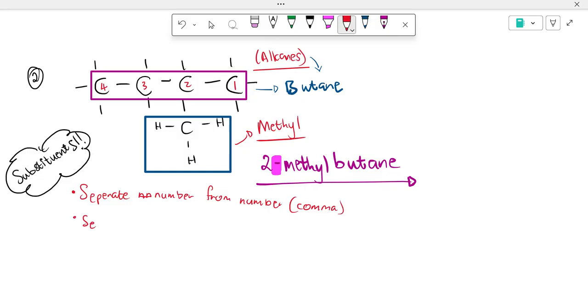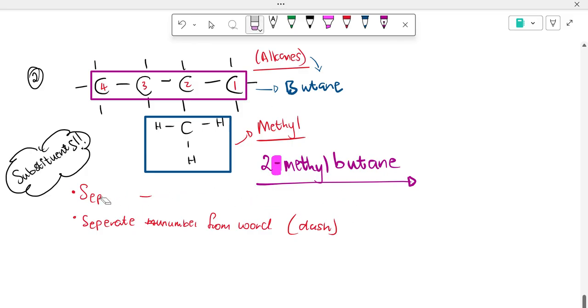But you separate a number from a word by using dashes. So that's a very important thing to remember. I'm going to remove this. You can just pause and write it down.